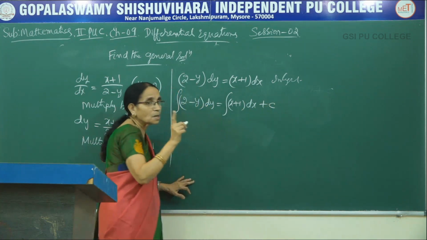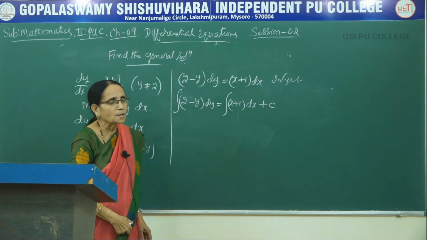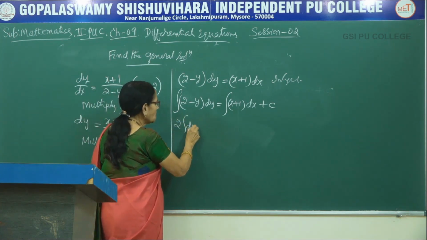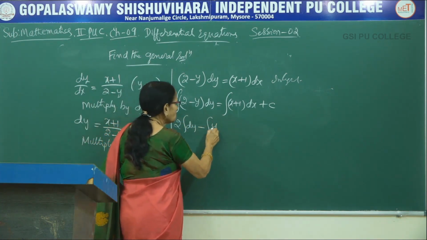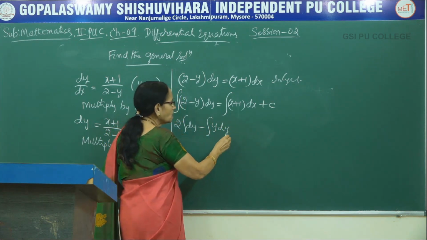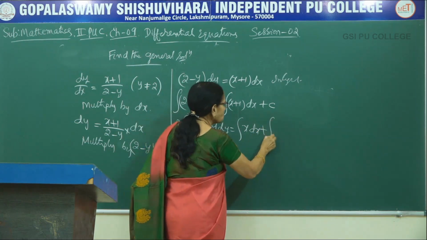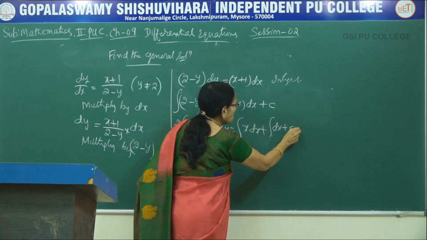I told you immediately you add a constant, don't forget that. Now separate them: it is 2 into integral dy minus integral y into dy, that is equal to integral x into dx plus integral dx plus c.